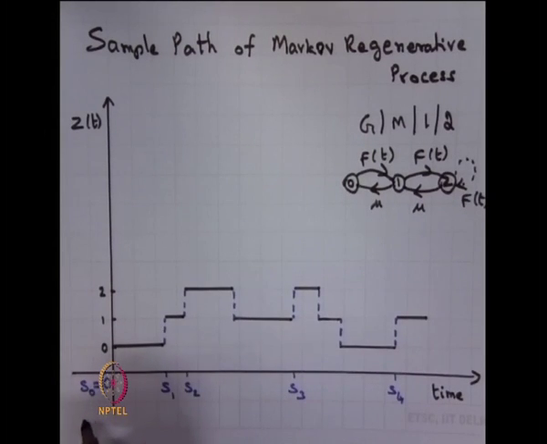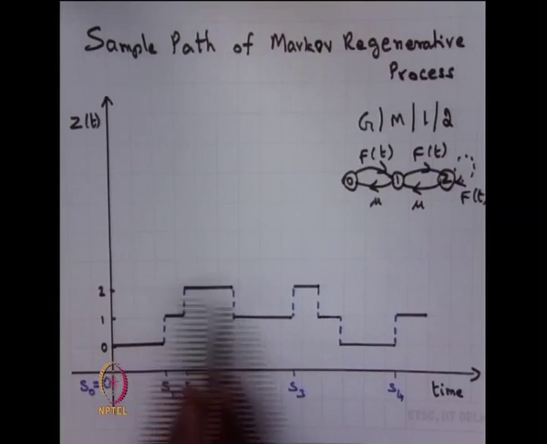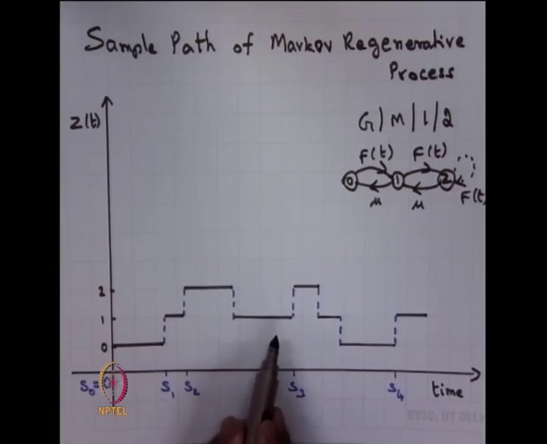Whereas at the time instants S1, S2, S3, S4 and so on, which are the time points at which an arrival occurs, the memoryless property is satisfied. Even though the system is moving into different states in between the arrival time epochs. For instance, between the time epochs S2 to S3, the system moved from state 2 to 1.